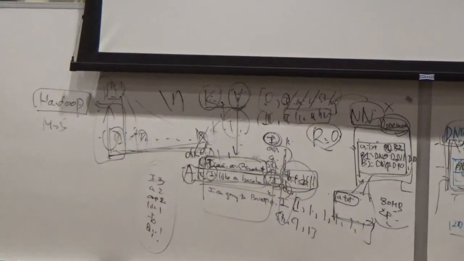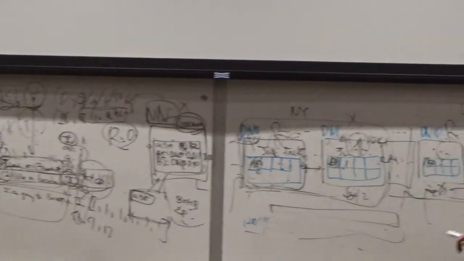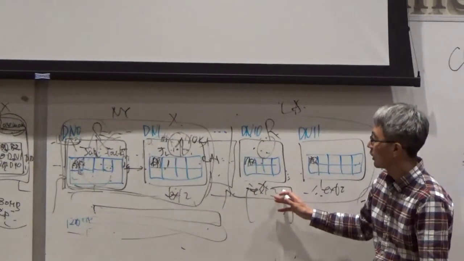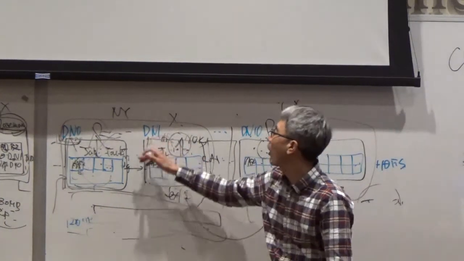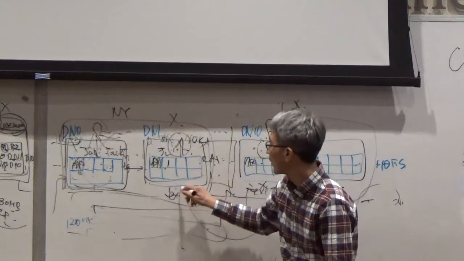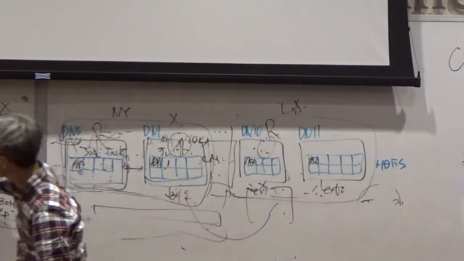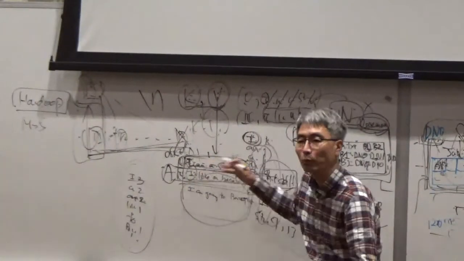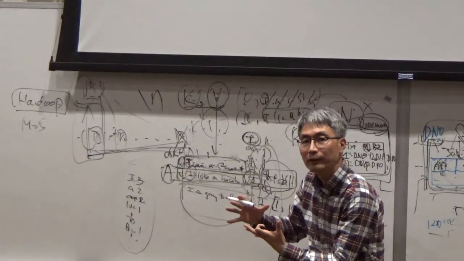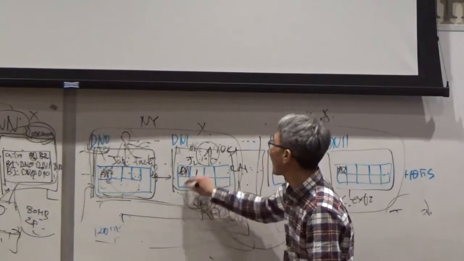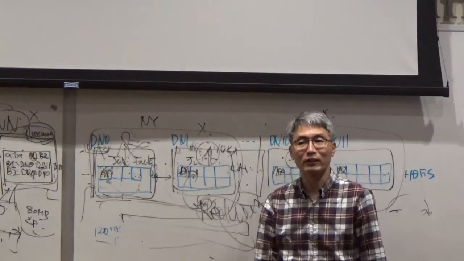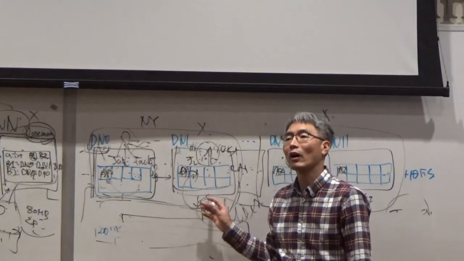Then we will do the same thing for the second node here. Then the output will be sent to one of the assigned nodes. Then we combine this output and this output. Okay, so this is called the reducer. And reduce generates the output as a file of HDFS. Then you can get the final output.